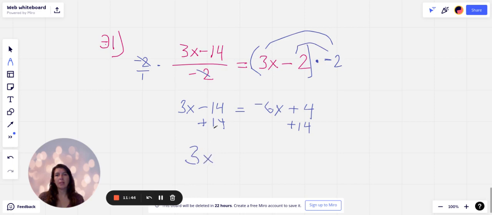Sorry, my pen is acting silly. That crosses out. So I have 3x equals -6x. And then 14 plus 4 is 18.